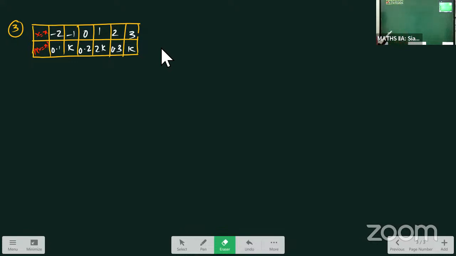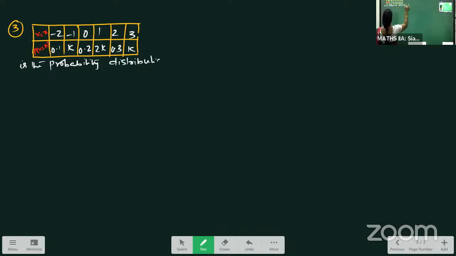So this is the question given to us. And what is it asking us? It gives the probability distribution of a random variable.